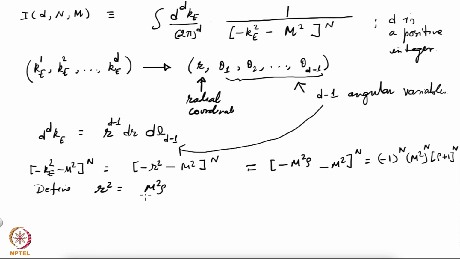Now let's look at the measure. You can easily see that r to the power d minus 1 dr is equal to (m square rho) to the power (d minus 2) over 2, times m square d rho over 2. You can check by finding how dr and d rho are related. This is easy to do.